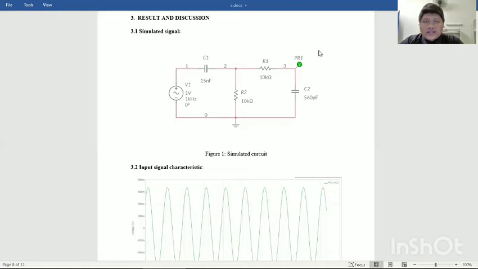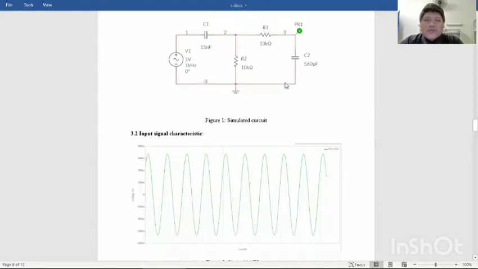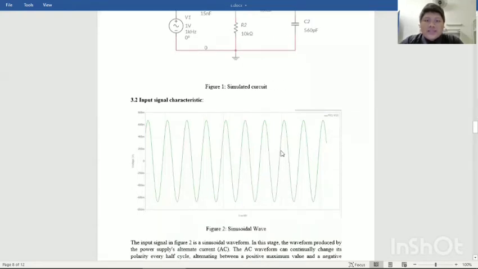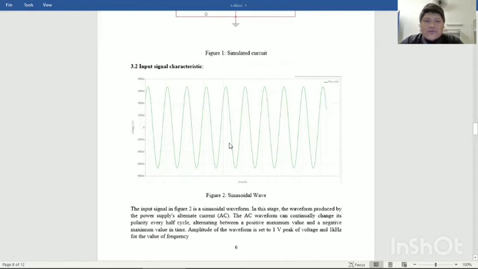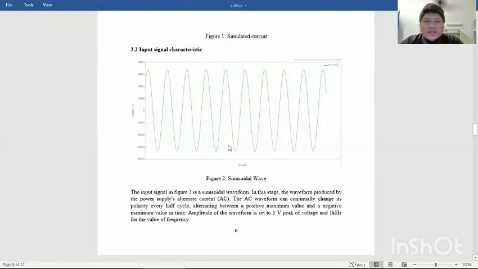At the right side, we use 10 kilo ohms of resistance and 560 picofarad of capacitance. For the input signal characteristic, this is a sinusoidal wave that we got from the circuit above. From the circuit, the amplitude of the waveform is set to 1 volt peak and 1 kilohertz frequency.